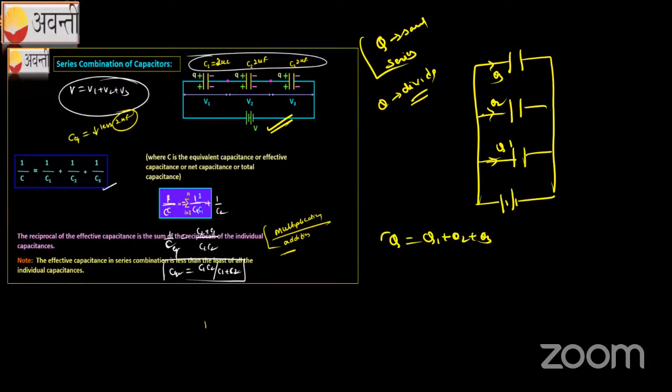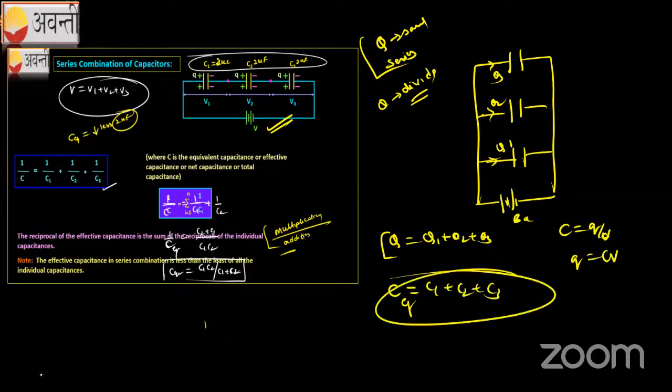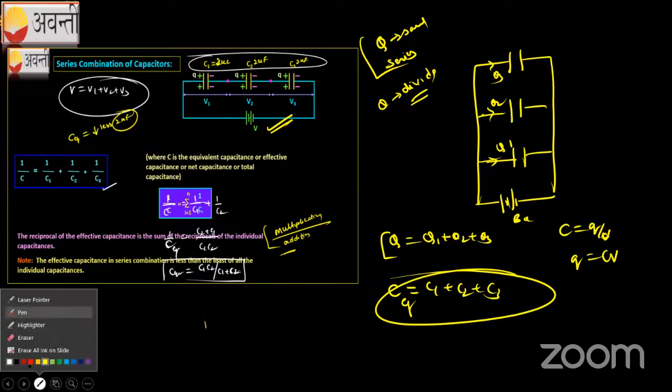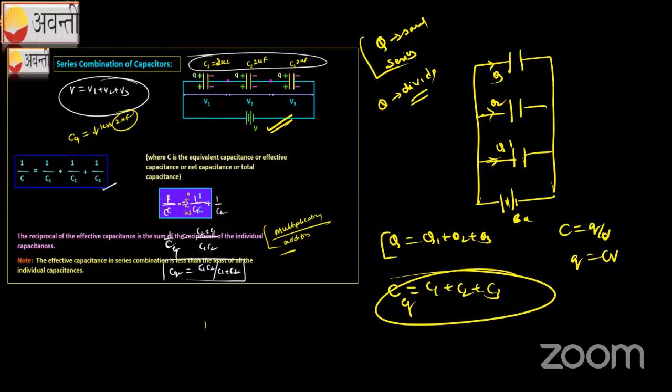Since capacitance C is equal to Q by V, charge Q is equal to CV. Putting this in, we get the equivalent capacitance as C1 plus C2 plus C3. In parallel connection, the equivalent capacitance is more than each individual capacitance.